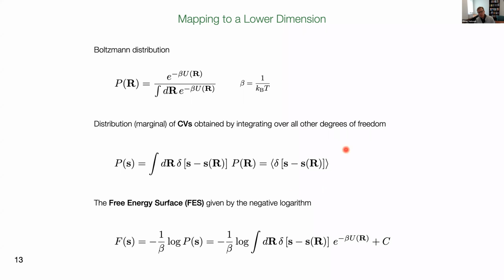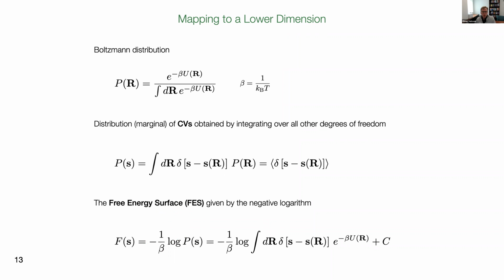So this will be the marginal distribution of this collective variable. In principle, the marginal distribution is nothing but the expectation value of the delta function. And then we normally look at the free surface, which is given by the negative logarithm of this probability function, with the energy scale given by kBT, or 1 over beta.